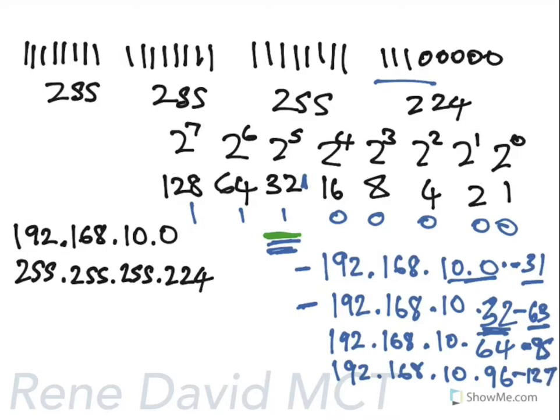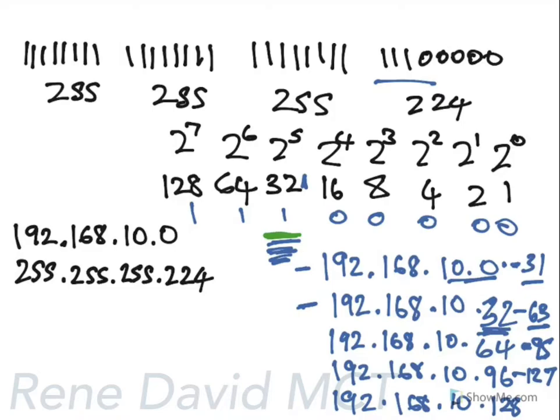And I know that because the next one starts at 192.168.10.96 plus 32, which is 128. And you go on until you reach your 255. So in this case, it's very simple to identify your subnet ranges.